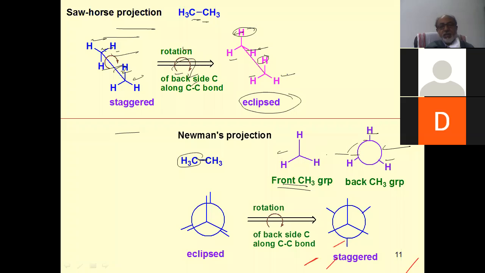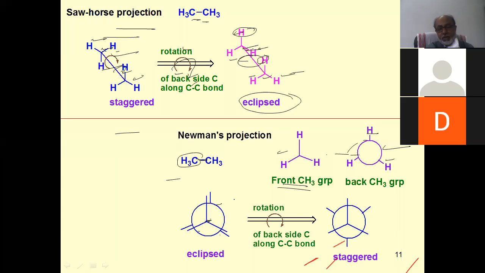In Sawhorse projection, you are showing the bond here. Between this carbon atom and this carbon atom, the bond is visible. But in Newman's projection, this bond is not visible. The connection between the front carbon and the back carbon is not visible. As if it is hidden here. You have to understand that there is a bond.